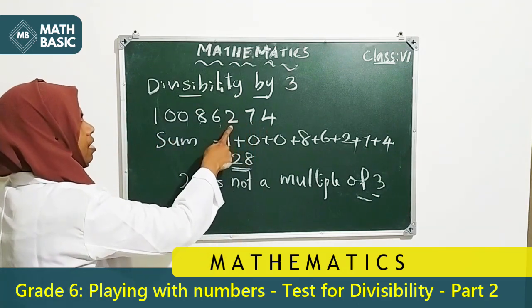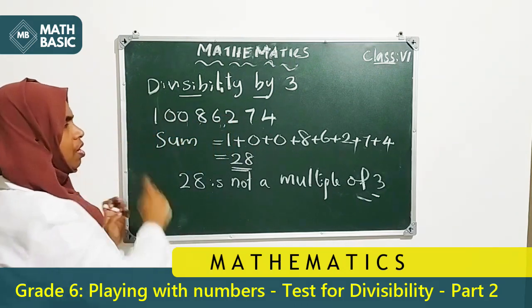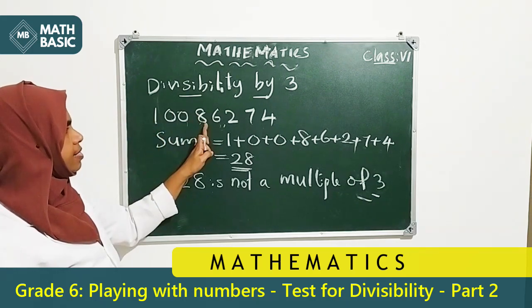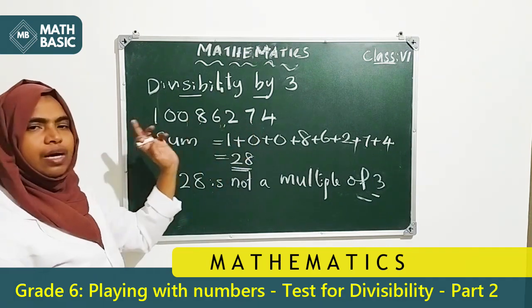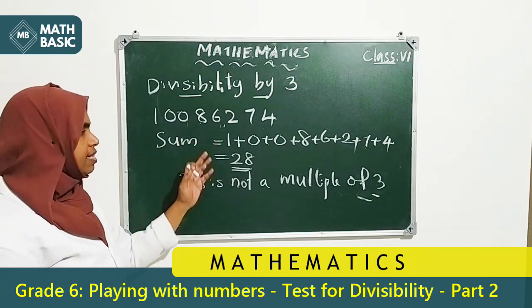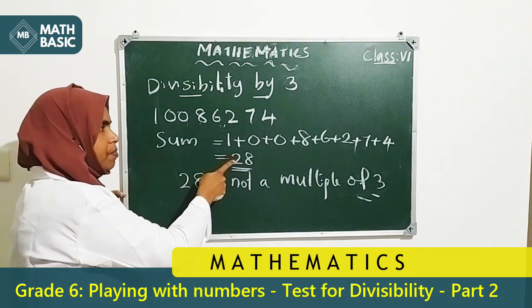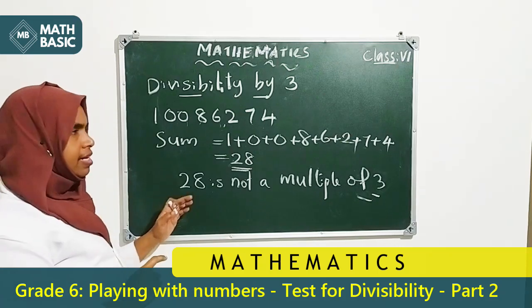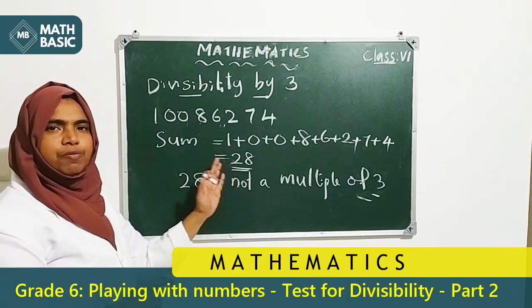Ones, tens, hundreds, thousands, 10,000, lakh, 10 lakh, crore. 1 crore 86,274 is not divisible by 3. Without dividing, this is very easy. Only check the sum. If the sum of the digits is a multiple of 3, then we can say that the number is divisible. But here, this number is not divisible by 3.